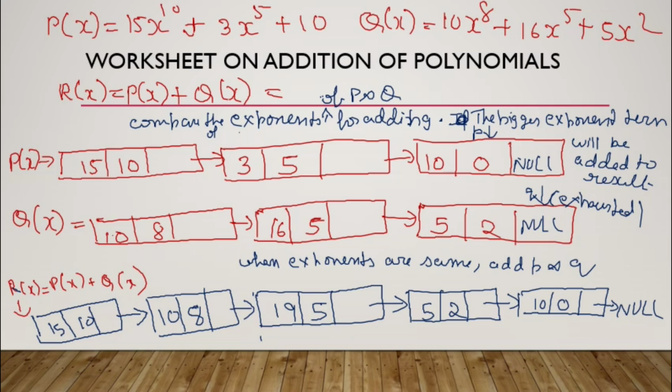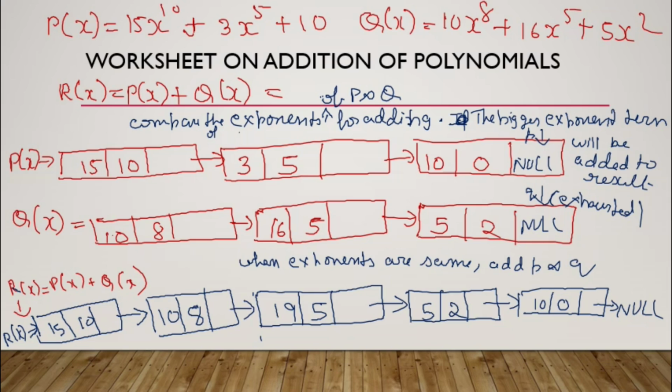So this is nothing but R of x. Even p will get exhausted from here, and finally your p will be here. Now both p and q are null, which means the whole thing is done.